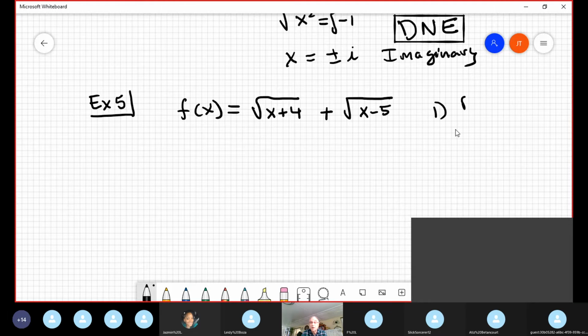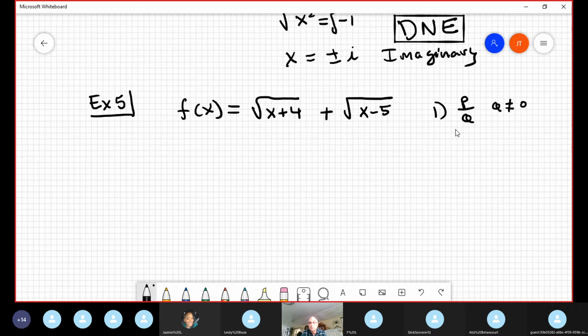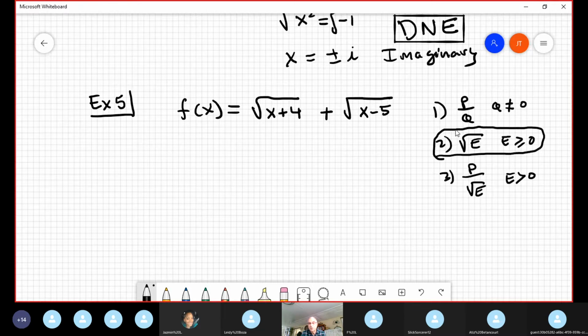Restriction number 1 is a fraction, and the divisor is not 0. Number 2, when you have a square root, the expression inside the square root is non-negative. And restriction number 3 is the combination of 1 and 2, P over radical E, where E is positive, matching perfectly with number 2 again. But in this case, we have 2 square roots. Therefore, we have 2 restrictions.